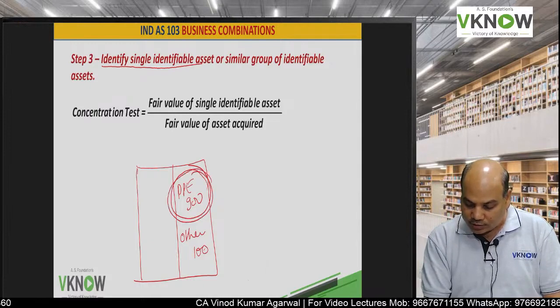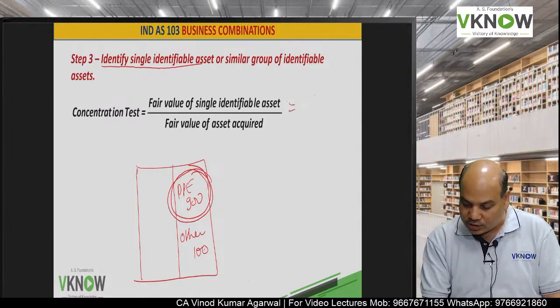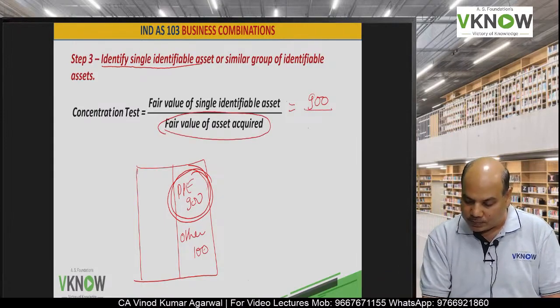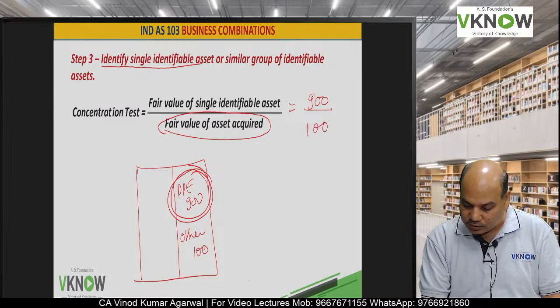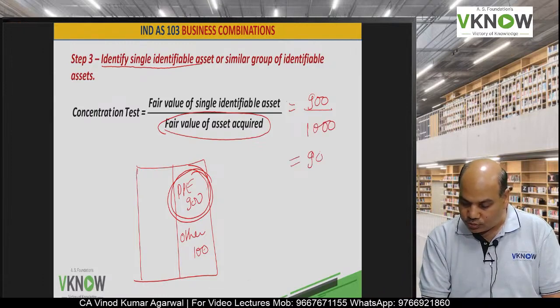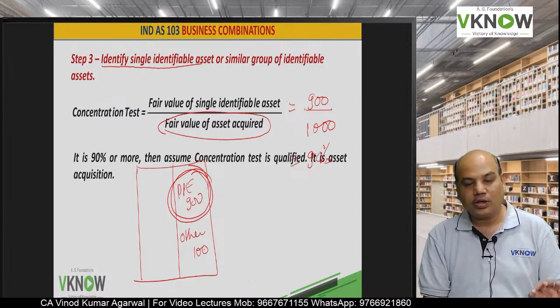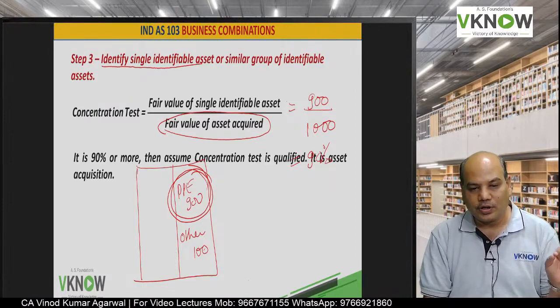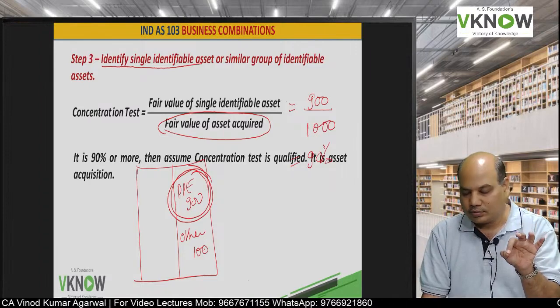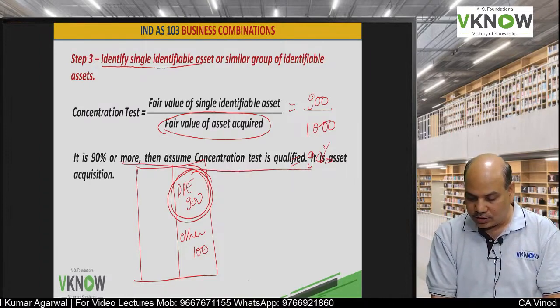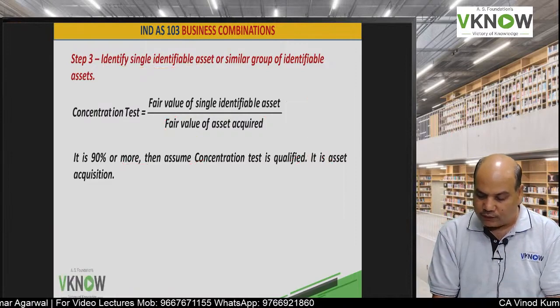This is 900, the fair value of the singly identified asset, and the fair value of the asset acquired as per the previous step, let us say 1000. So this comes to 90%. So 90% of your consideration is just towards one single asset. Then we'll say the concentration test is qualified.